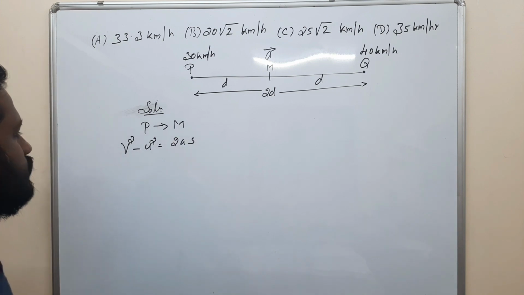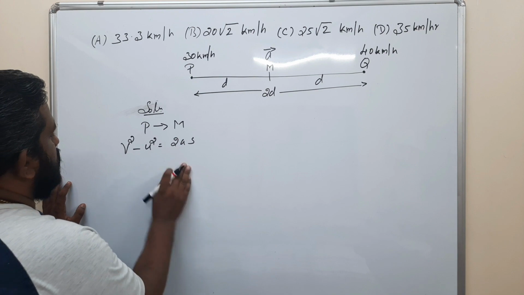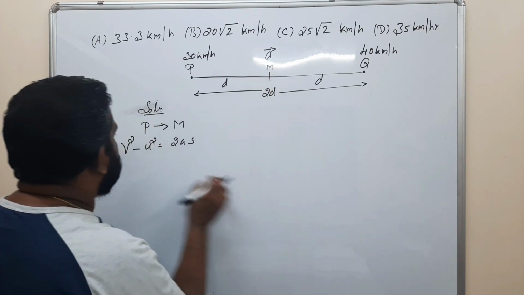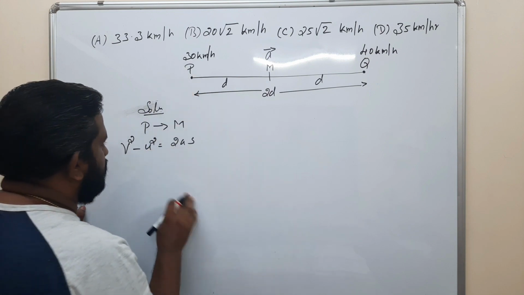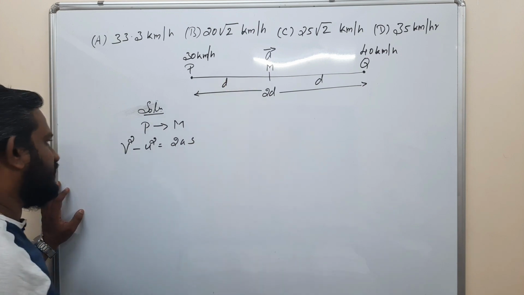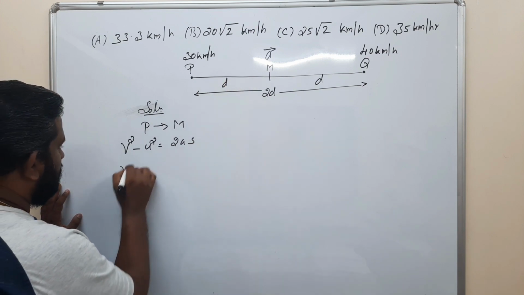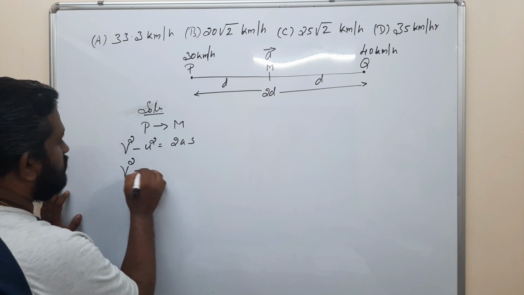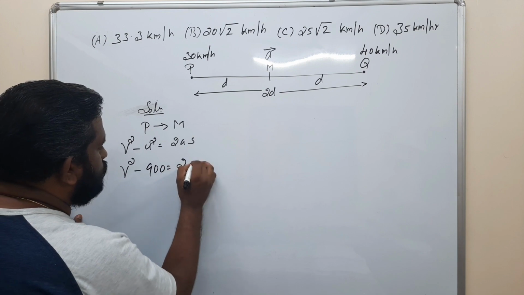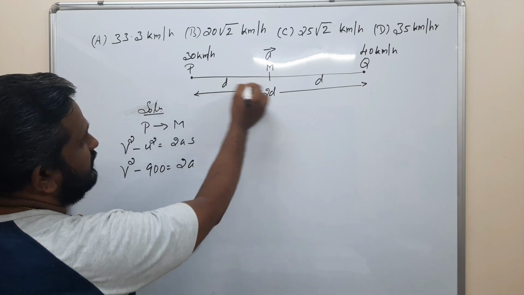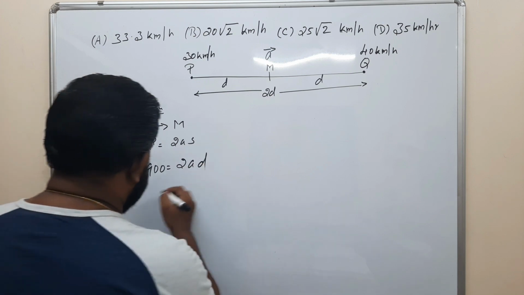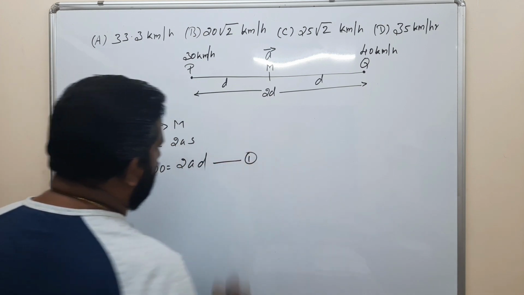V is the final velocity at the point M, U is the initial velocity of the car at the point P, A is the acceleration, and S is the distance between the points P and M. So V square minus U square, that is 30 square, that is 900, is equal to 2 into A into the distance between P and M, that is D. Take it as equation number 1.